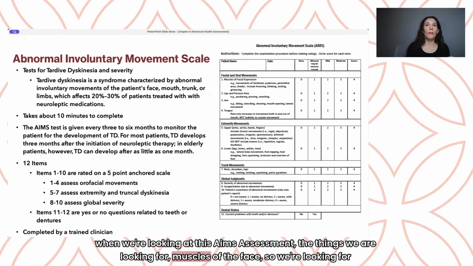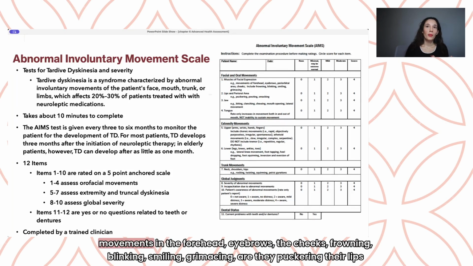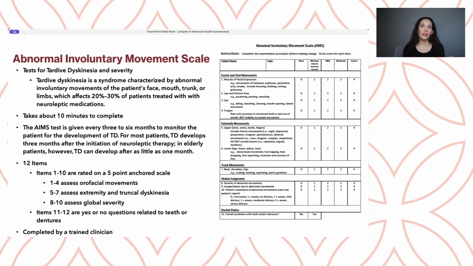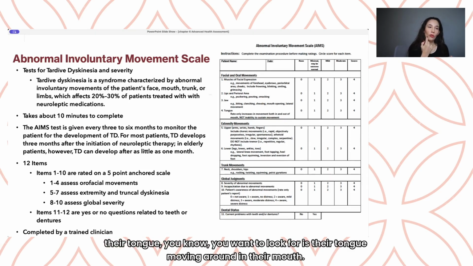So muscles of the face. We're looking for movements in the forehead, eyebrows, the cheeks, frowning, blinking, smiling, grimacing. Are they puckering their lips or pouting or smacking their lips? Are they clenching their jaw or making a chewing motion? Another thing you want to look for is their tongue moving around in their mouth.